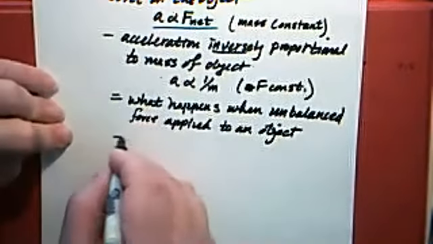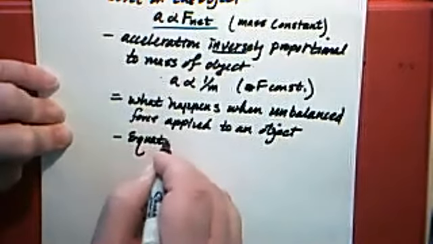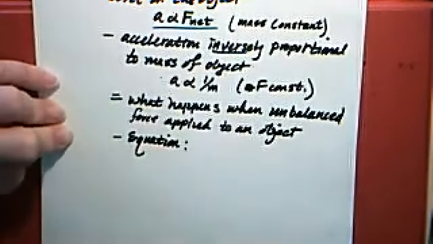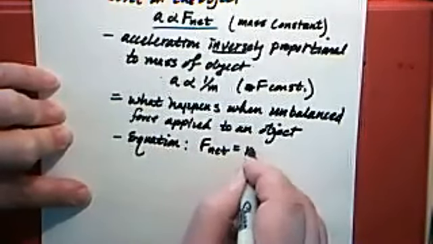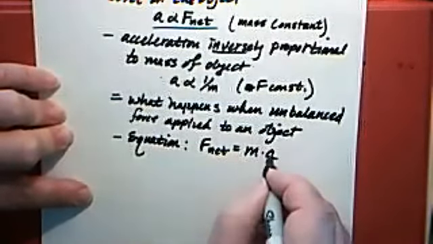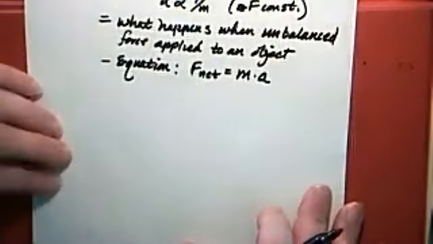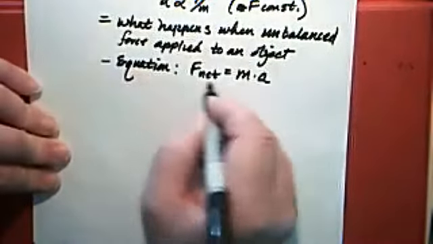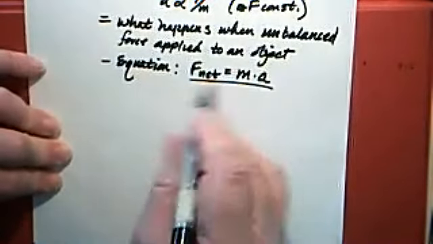The equation may look a bit familiar because it's F equals ma. So we kind of already saw that. And you can rearrange this equation to find mass or acceleration.